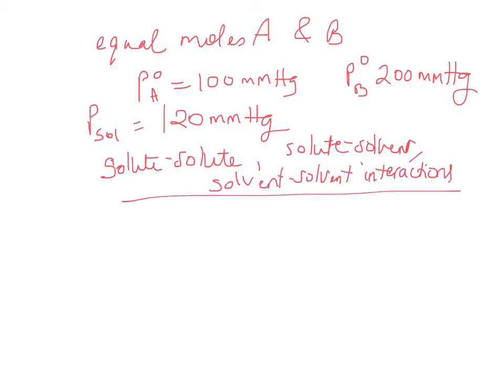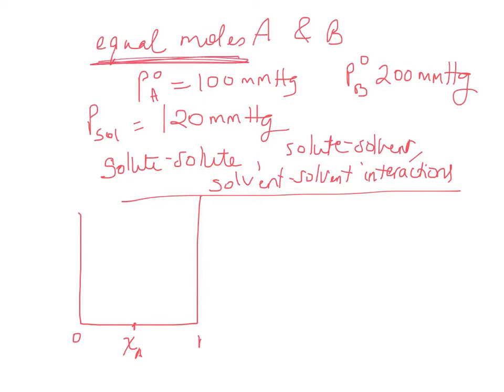Okay, that's what the question is asking. Realize, going back to the curve that I was trying to show you earlier, if you have taken equal moles of A and B, that means you're looking at chi A of 0.5, right? Because if you go from 0 to 1, equal moles means that you should be right at the midpoint.